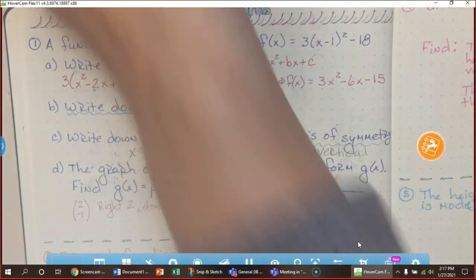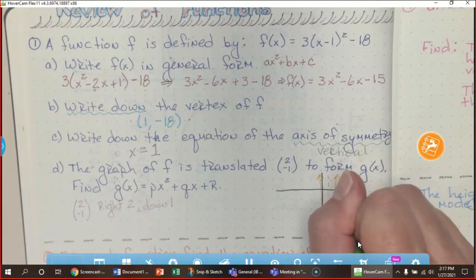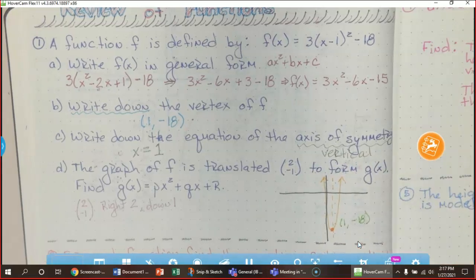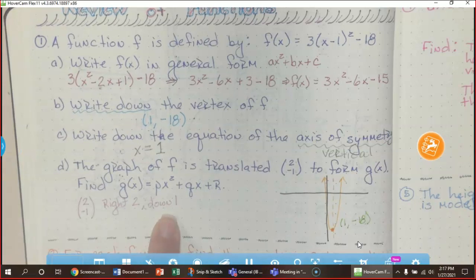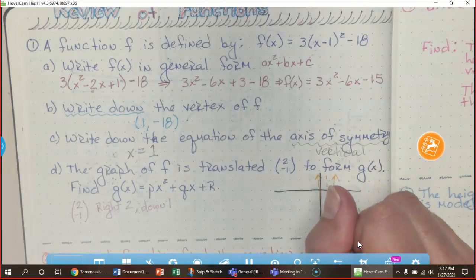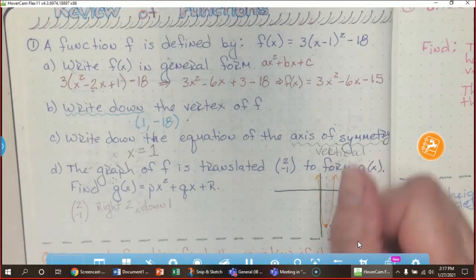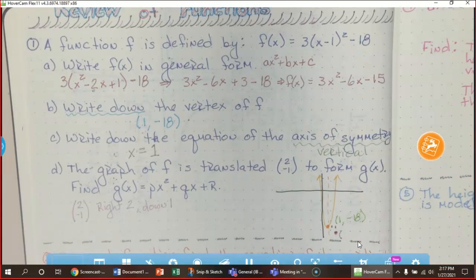So this vertex right here is at (1, -18). But what happens if I move that vertex to the right 2 and down 1? Where does it go? Can you tell me that ordered pair? 3?